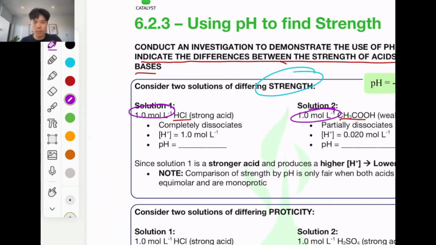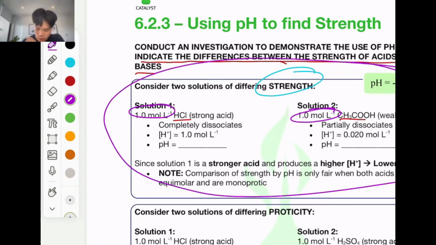So if you fix the proticity and the concentration, you are comparing only the effect of strength on pH. This is probably the most important case for the dot point.